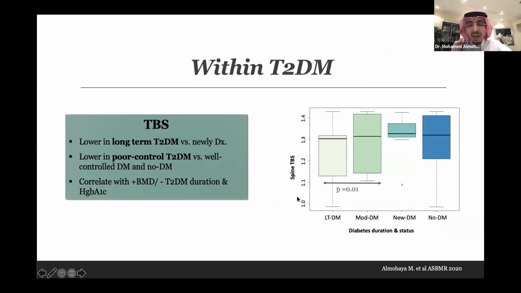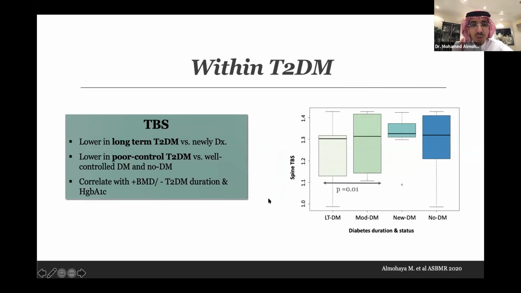So again, in this box plot, as you can see in the right-hand panel, those with long-term diabetes have lower TBS values in comparison to those with newly diagnosed type 2 diabetes.